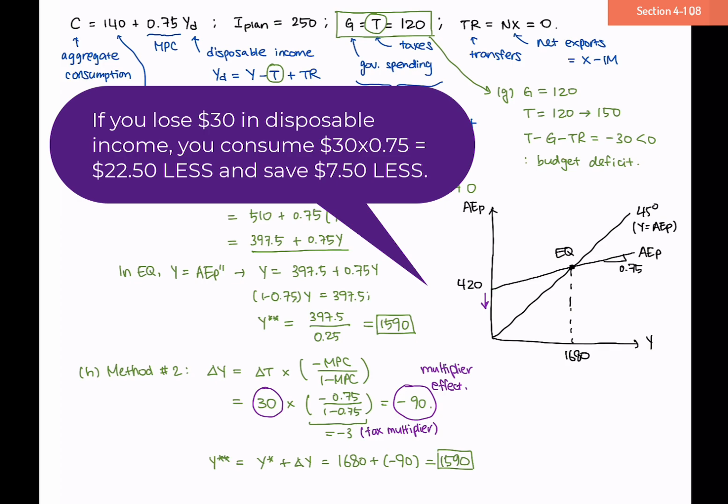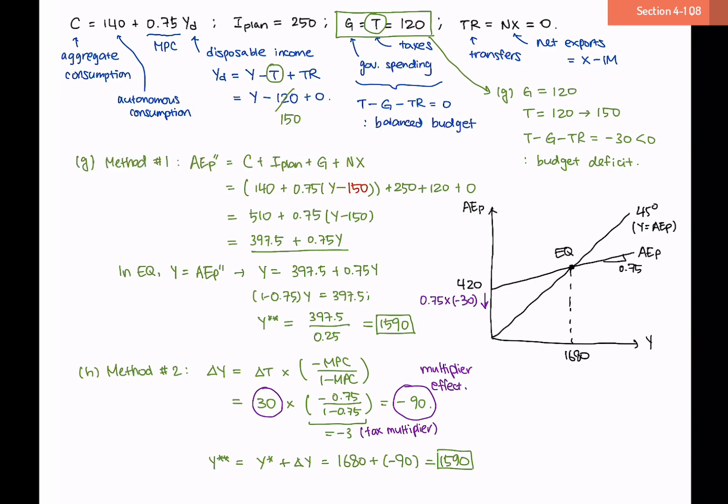Instead, you're going to see a little bit of a fall in your savings and also a little bit of a fall in your consumption. By how much? We can find that out by multiplying the MPC by the amount of change in your disposable income. And so we see a fall in the autonomous spending by 22.5, which leads us to have a new planned aggregate expenditure curve starting at 397.5 as the y-intercept.